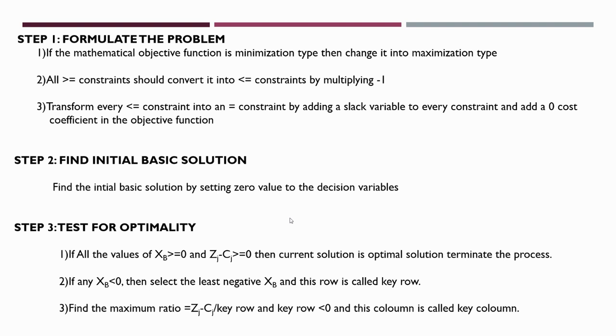This is our key column, and after getting the pivot element we make the pivot element 1 and other elements 0. Then we perform iterations, and after reaching all xb greater than or equal to 0 and Zj minus Cj greater than or equal to 0, we stop the process, and that is our desired solution.